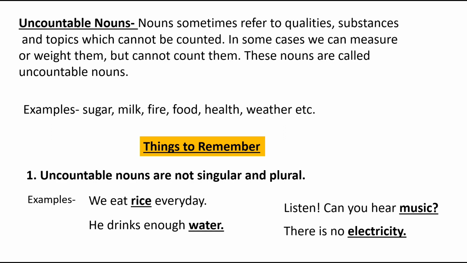In both forms we use rice as rice, water as water, music as music, and electricity as electricity. So uncountable nouns are not singular and plural.